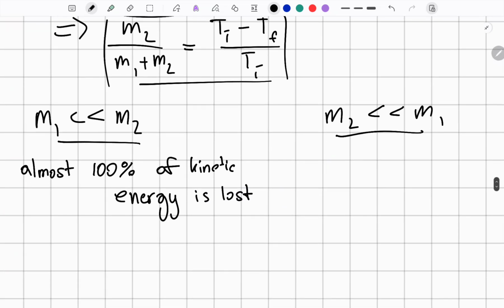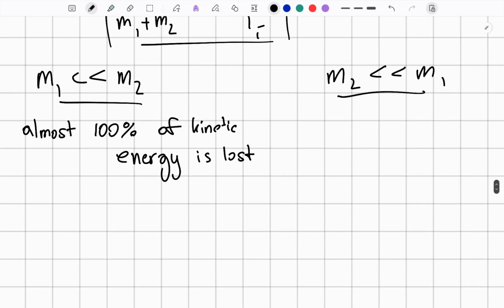It's like throwing a rock at the earth or a rock at the sun. A small rock that you can throw, compared to the mass of the earth or sun, all of that kinetic energy is going to be lost.